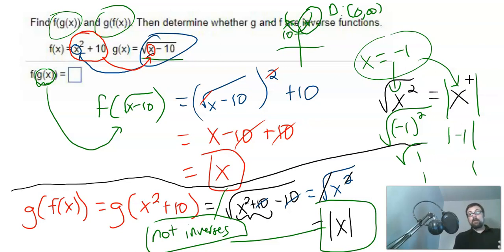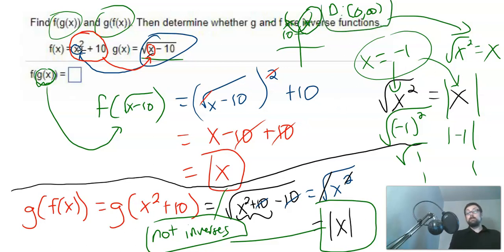If I know I'm not going to have any negative numbers here, then this becomes true. The square root of x squared does just equal x if all we're going to use is positive numbers. I wouldn't need absolute value for the case where we're only using positive numbers. And so then they would both equal x in that case, but only if you restricted the domain to 0 to infinity, which they didn't do here.